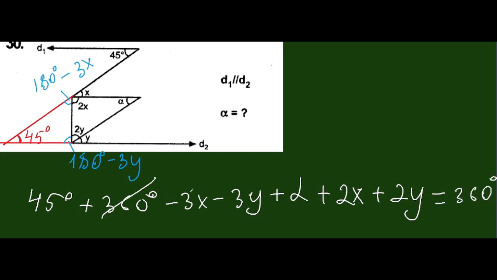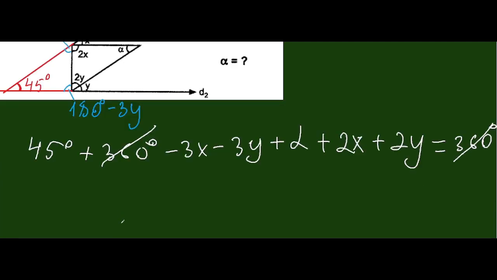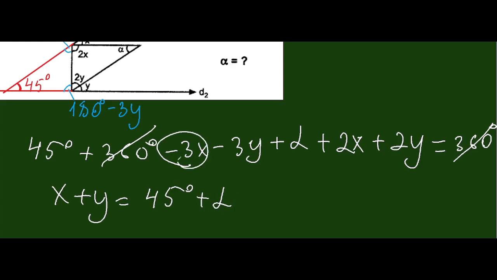So they will cancel, and we'll get x plus y will equal 45 plus alpha. So this one and this one will give us minus x.